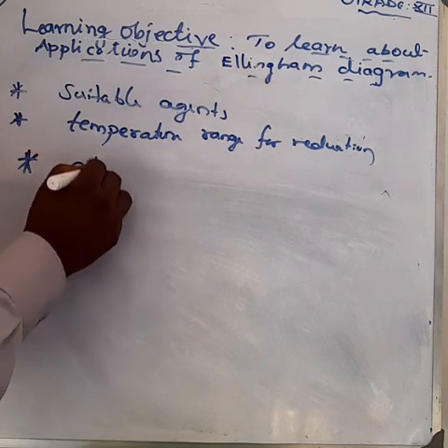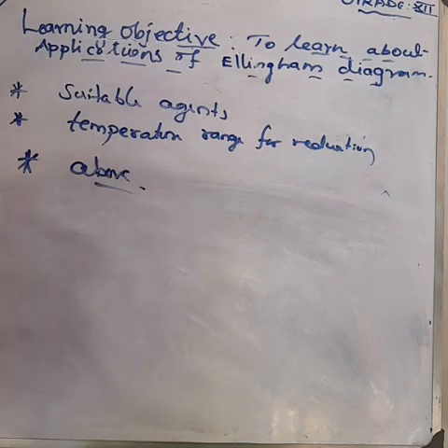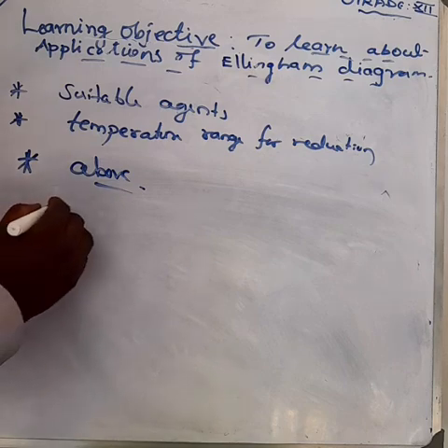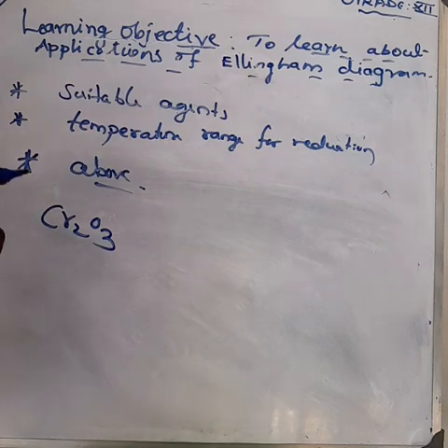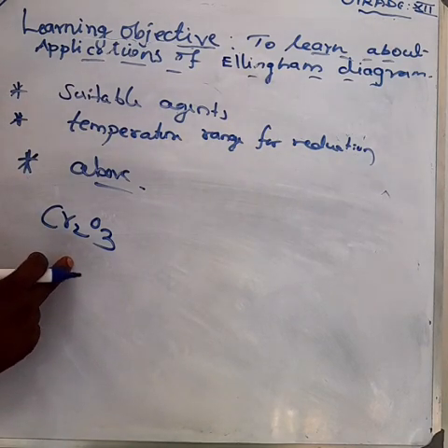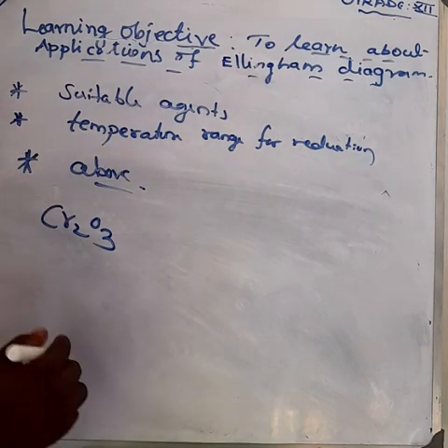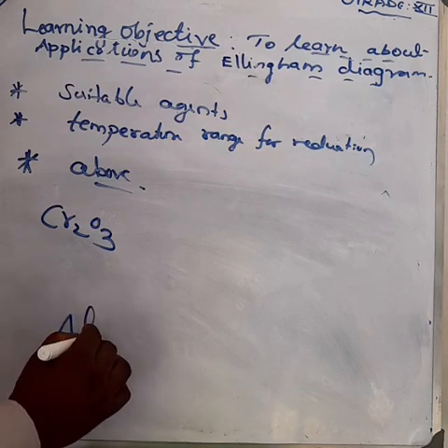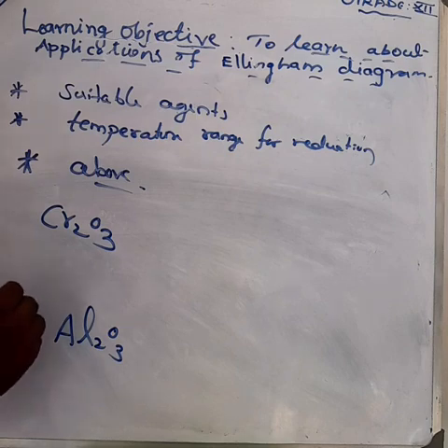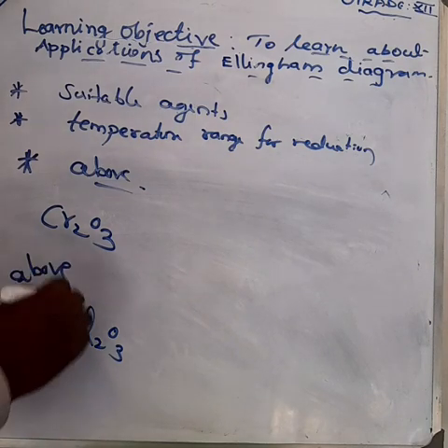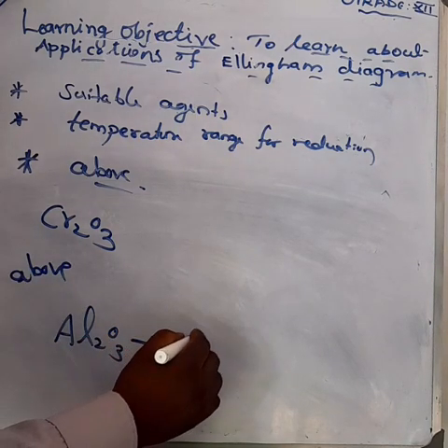I am taking one example. Chromic oxide lies above aluminum. Am I right? It lies above the aluminum. What is the meaning here?